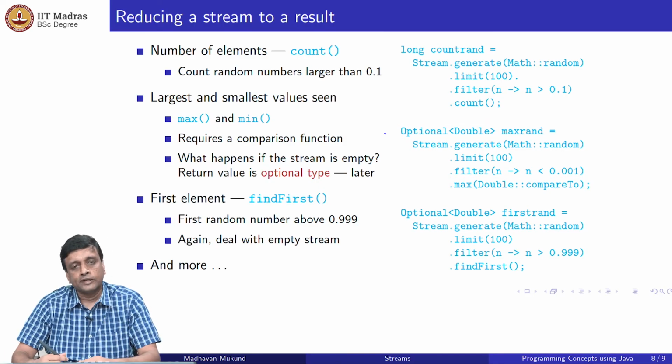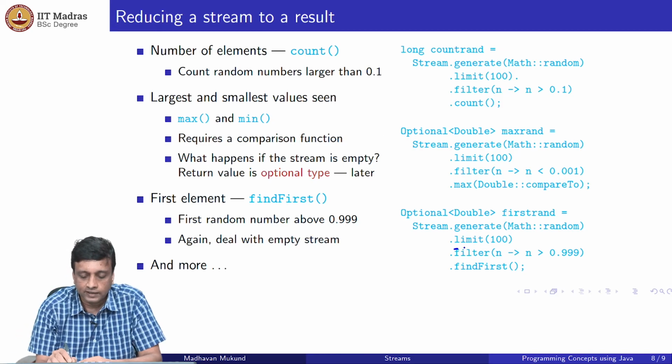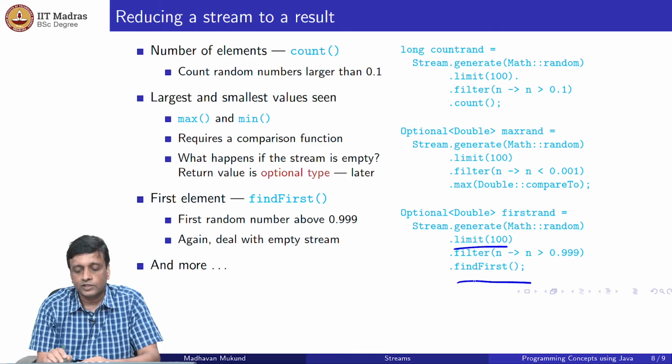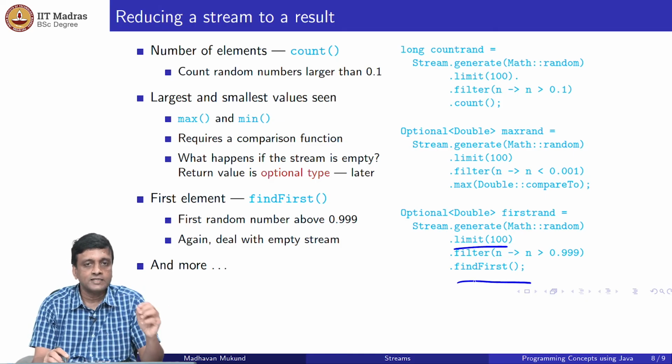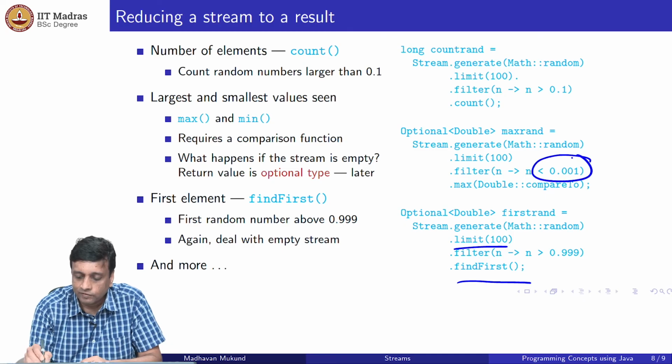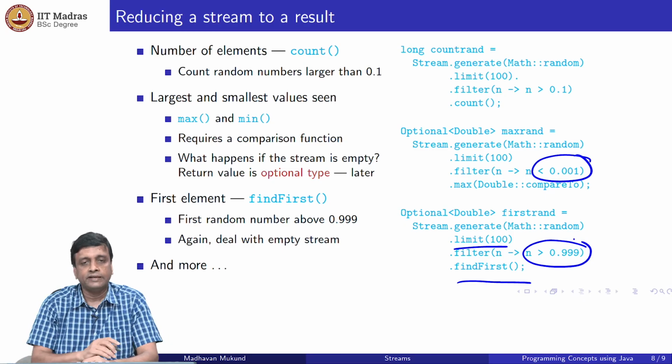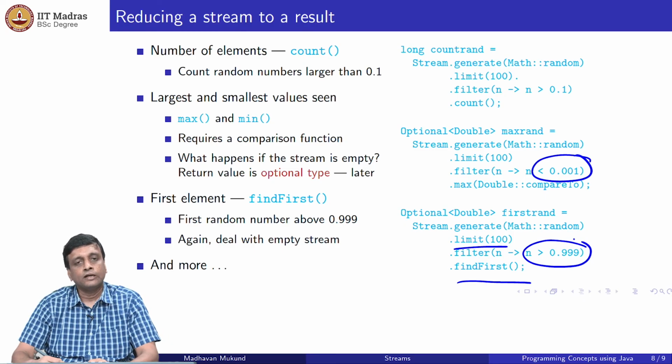Another thing that one can do is to find the first element. So you want to take the first 100 numbers, filter them and find the first one. Now again the problem is that the filtering might produce an empty sequence. The first element is well defined if the stream is not empty. But I have now given the reverse of this. I have said supposing it is a random number very close to 1.